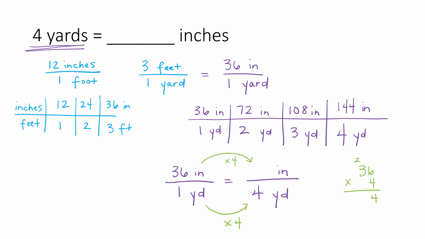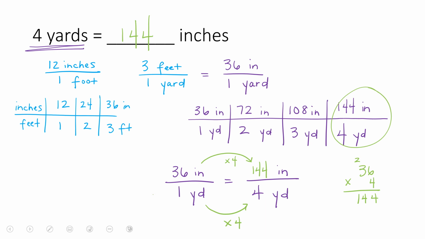I carry my 2. 4 times 3 is 12. Then 12 plus 2 is 14. I get 144 inches, which is the same thing I got in my ratio table. There are 144 inches in 4 yards.